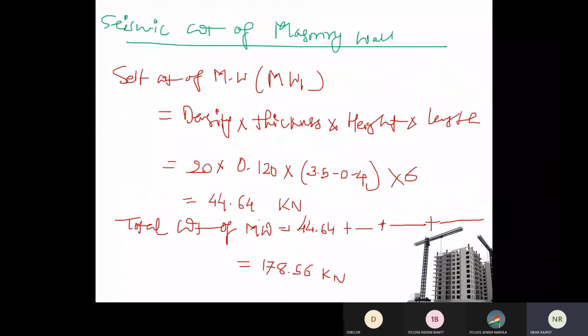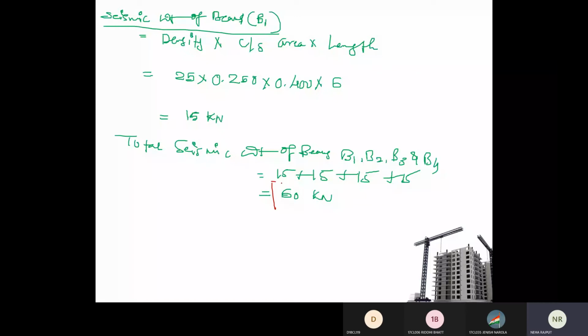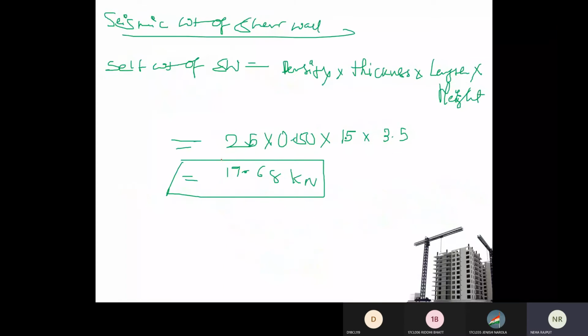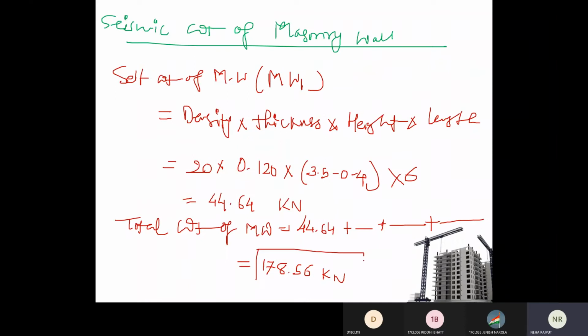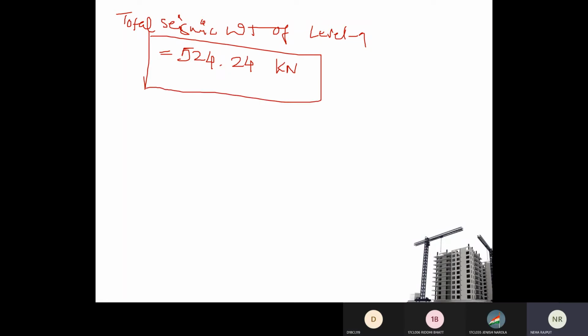So now you can find total seismic weight of level 1 is equal to, चलो ऐड करता जाओ. 216 plus 60 plus 56 plus 19.68 plus 178.56. 524.24 kilonewton. Right. So here you are getting your seismic weight of level 1.